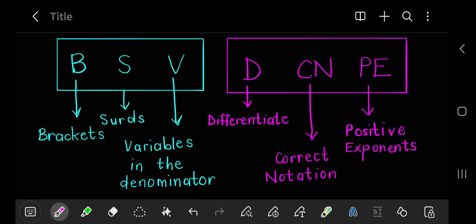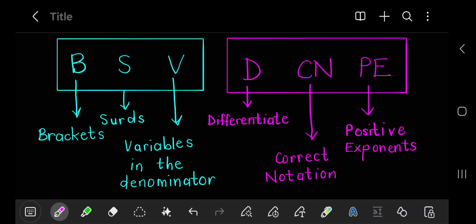When we differentiate, there are different notations that fall under the section of differentiation, so we make sure that we use the correct notation, and thereafter we prefer our final answer to have a positive exponent. Now, when you look at some past papers and you check the memos, some of them are very particular where they specifically look for positive exponents in the final answer, while others are not that strict.